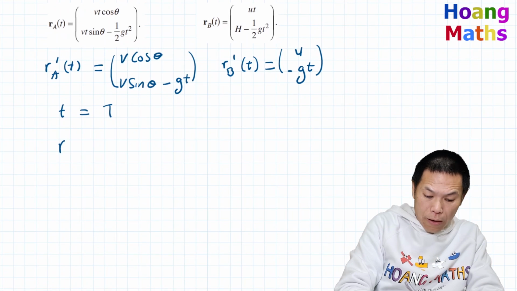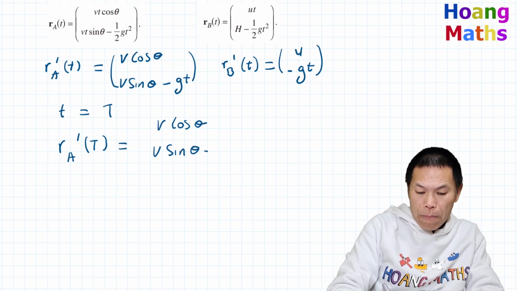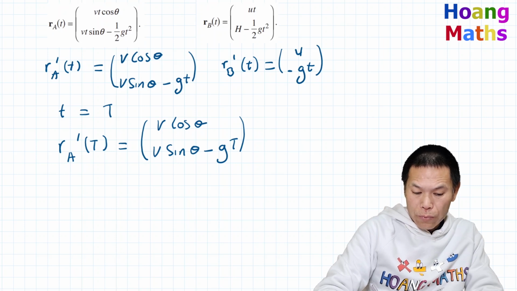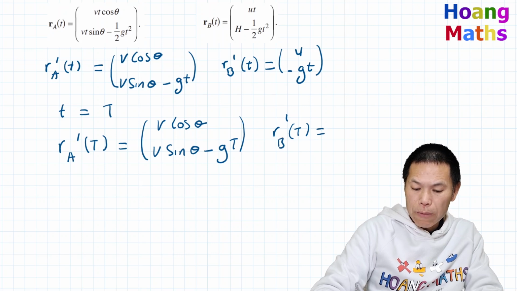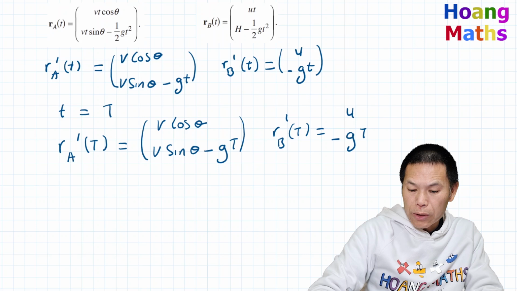That means the velocity vector at capital T for A is v cos theta and v sine theta minus g capital T. And for B, that will give me u, negative g capital T.